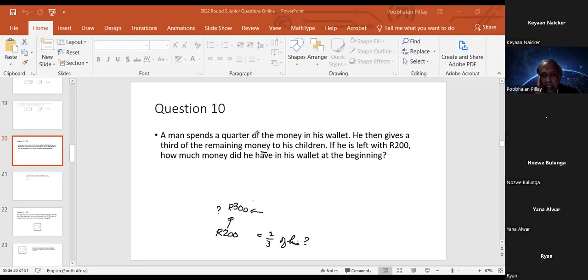But then before that, he spent a quarter of the money in his wallet, right? He had something in his wallet here, and he spent a quarter of that. So he was left with only 3/4 of what he had. So this thing here is 3/4 of the initial money.